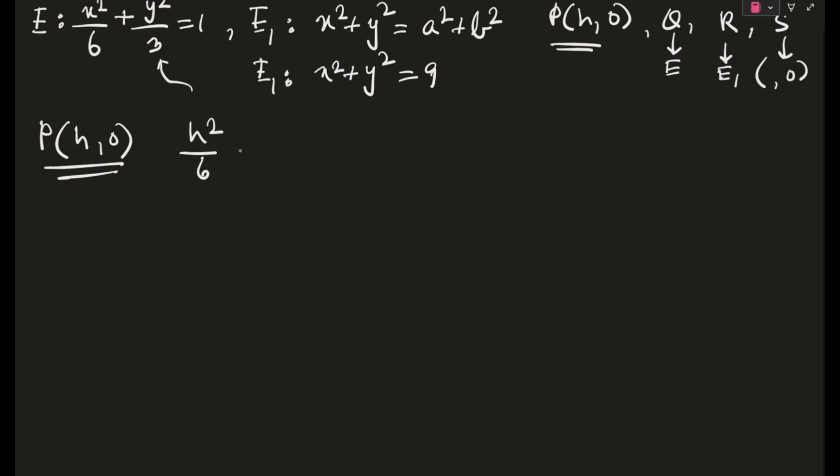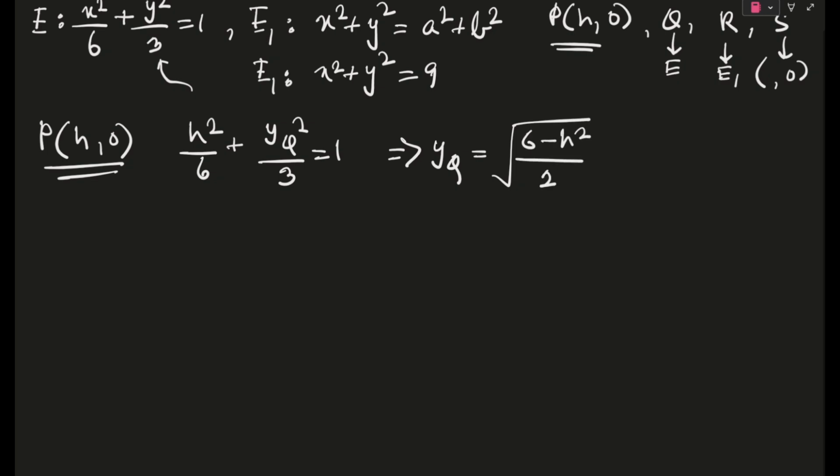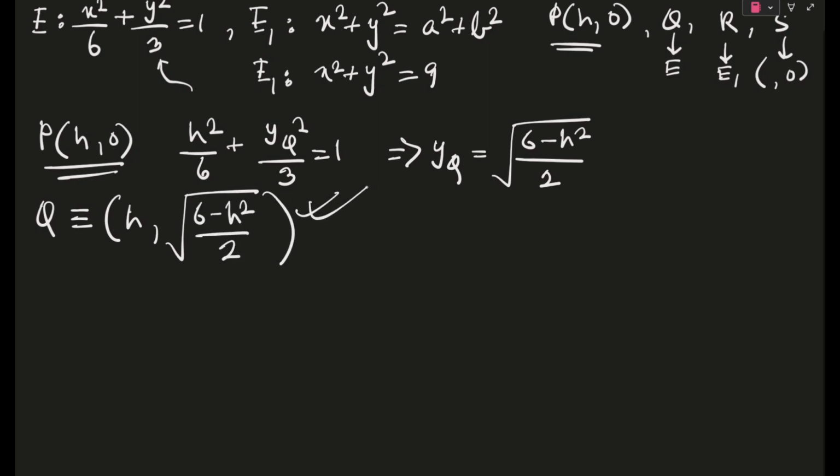Putting h square by 6 plus yq square by 3 equal to 1, if you solve this, you will get yq equal to root under (6 minus h squared) by 2. So this is your yq, which means your Q point comes out to be (h, root under of (6 minus h squared) by 2). This is your Q point.